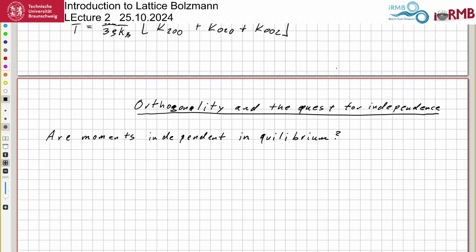So orthogonality in the quest for independence. What we would like to have is, if we make our moment expansion, that each moment gives us different information from all the other moments. Right?